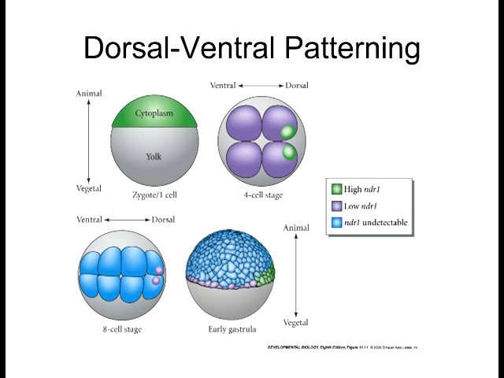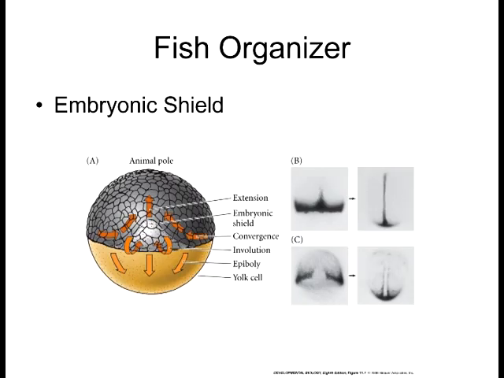Remember, the organizer is responsible for initiating gastrulation. So here is the dorsal region, and over here is the ventral region. This is where the organizer is going to form. One of the key proteins responsible for that is NDR1. Okay, let's come back here. So right here, this embryonic shield, this is the dorsal region. This is where the organizer forms due to nodal, and this is where involution of the cells begins.